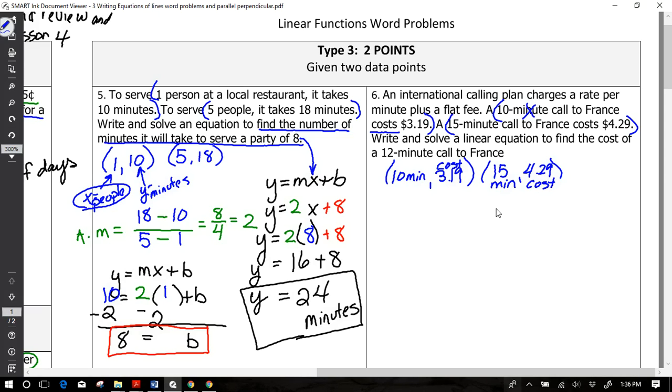So in order to write the equation, the very first thing that we need to do is find a slope. So why don't you do this first step on your own? I want you to find the slope. Pause this video while you do that.